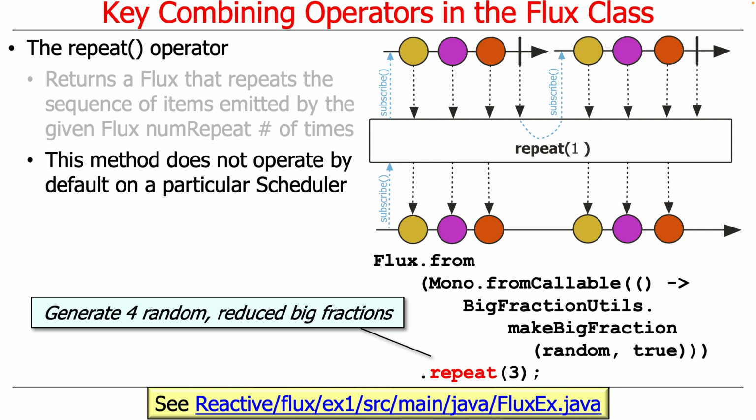It's going to call fromCallable, which is a Mono factory method, and this will make one random BigFraction. And then we're going to say repeat this creating of the random BigFraction 3 more times. So we'll end up with a total of 4 random and reduced BigFractions. It's kind of like a loop, I guess is the best way to look at it. It's sort of the reactive version of a for loop or for each loop.